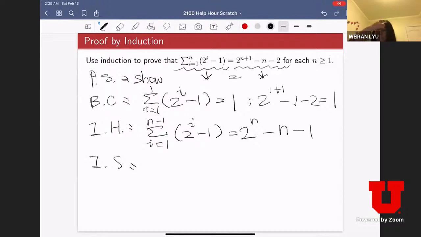Excuse me, just hold on for a second. The original n formula is that 2 to the n plus 1 minus n minus 2, right? If n minus 1, it should be 2 to the n minus 1 plus 1 and minus n minus 1 minus 2, should be minus 3.